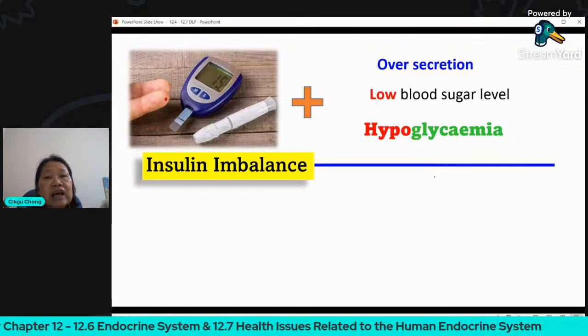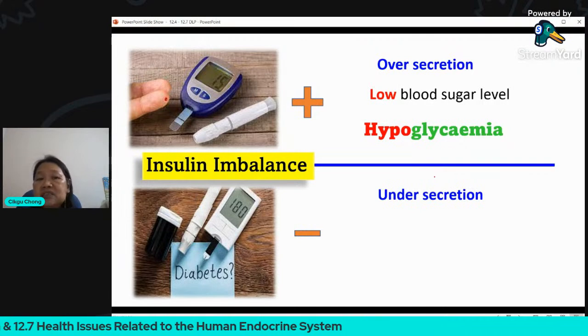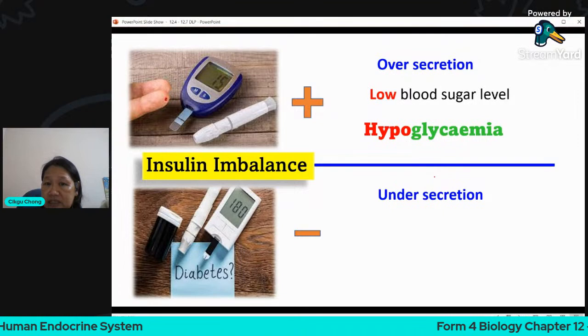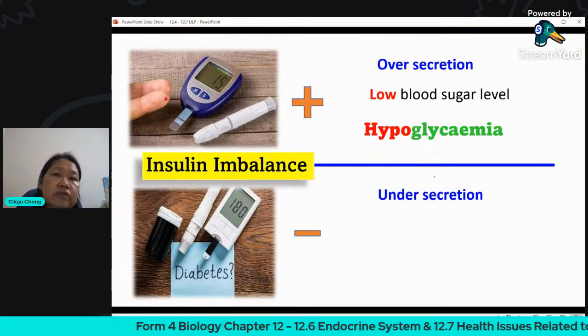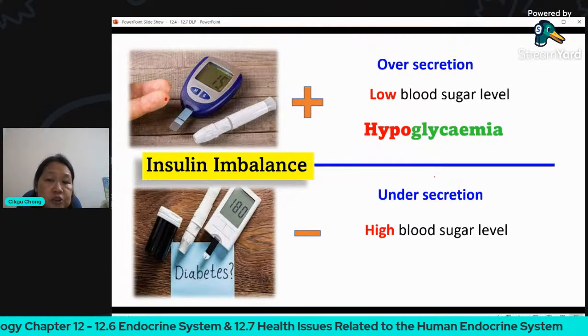Okay, so what kind of symptoms do you have? I'll show you after. On the other hand, if you have under-secretion, if there's not enough insulin, you have the opposite case. That means there'll be too much sugar in the blood that cannot be converted, cannot be stored. You have a high blood sugar level.